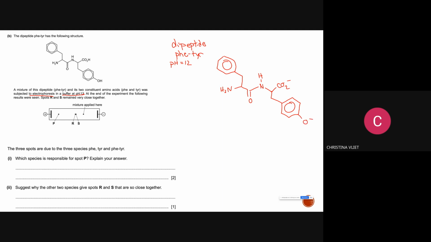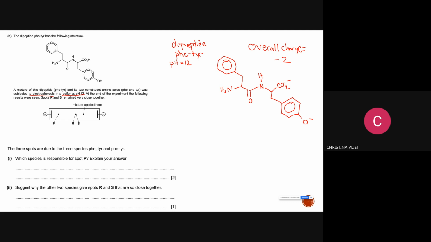So what I wrote on the side is the overall charge on this molecule, the dipeptide. What's the overall charge? Nope, -2. The overall charge is -2, because this affects how it's going to move, the charge and the size, remember.